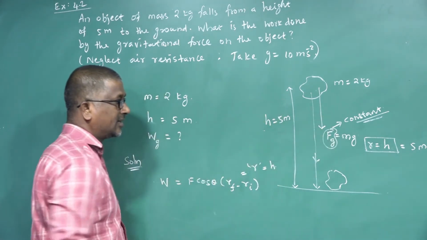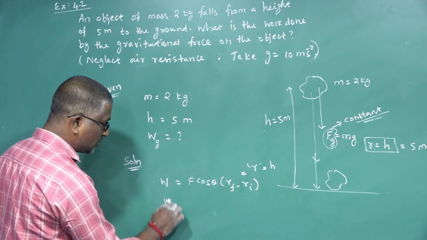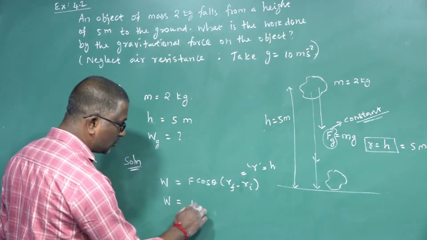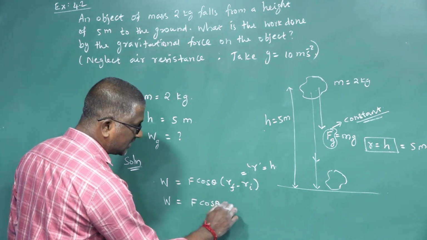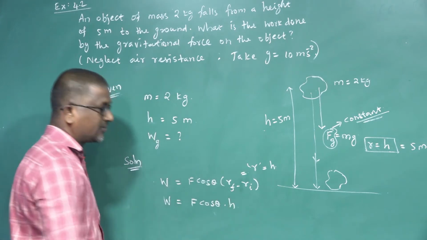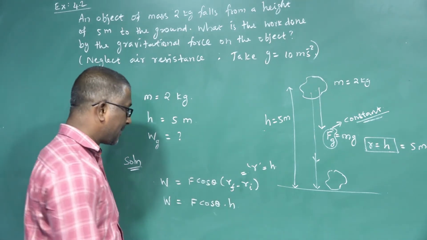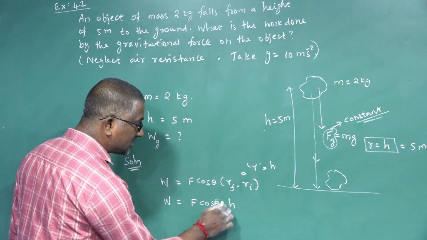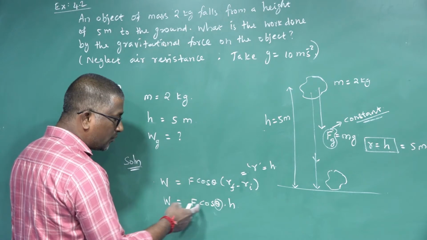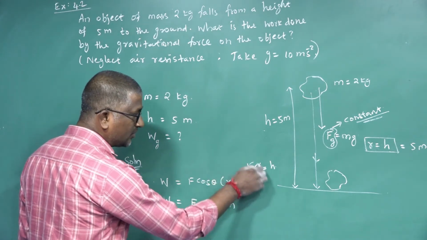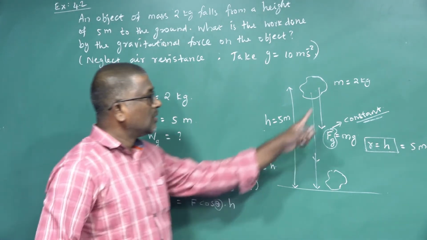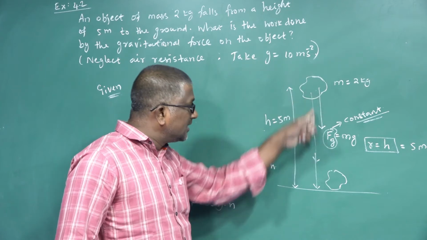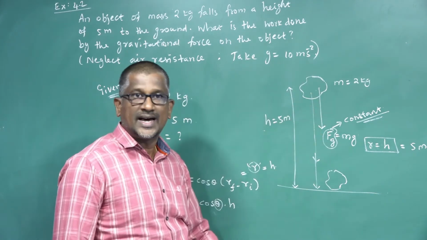Already I explained. So this equation can also be written as W is equal to F cos theta into h. Okay, here what is theta? The angle between force and the displacement. Here both the gravitational force and the displacement are acting in the downward direction.